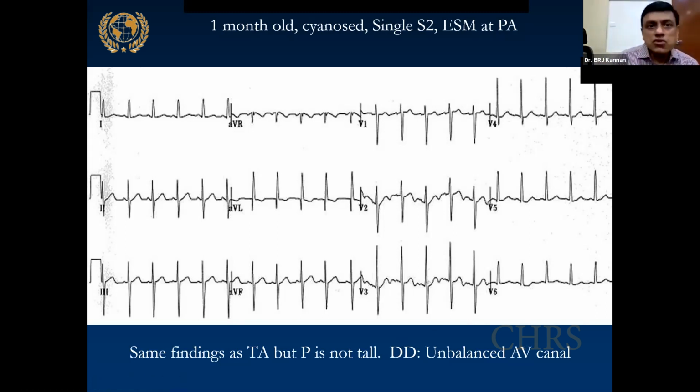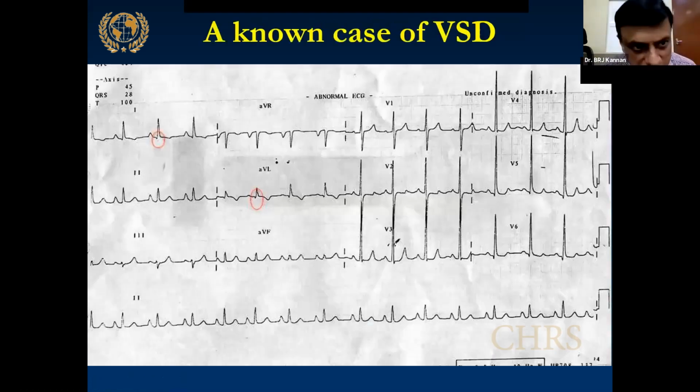Okay, so this is a child, a known case of large VSD. So I have already given it as a case of large VSD. In large VSD, what we expect is the usual clockwise loop, the usual Q waves in 2, 3, AVF. But here what we have seen is a small Q wave in 1 and AVF.